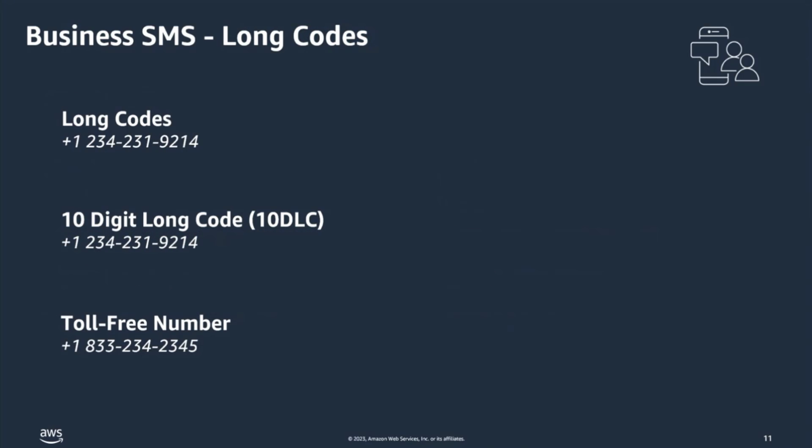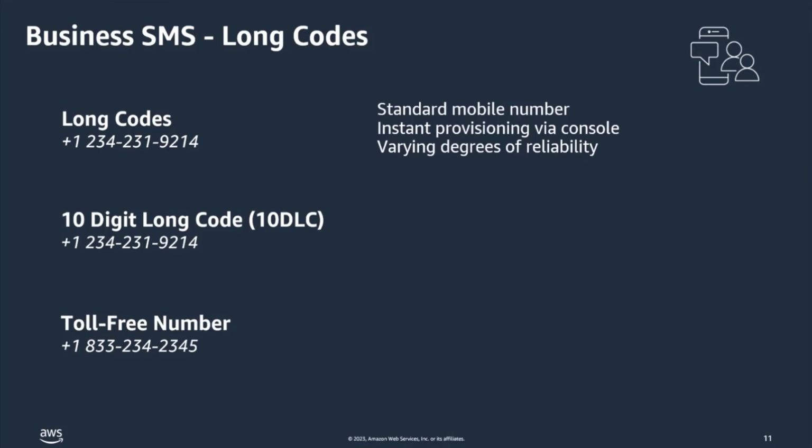The next option that we have are long codes. And to keep things interesting, these are even further broken down into 3 categories. 2 of them are a subset that are specific to the US. The first one is a generic long code, or a standard mobile number length. These have the benefit of being essentially instantly provisioned, also through the Pinpoint console. This does come with the caveat that there are varying degrees of reliability.